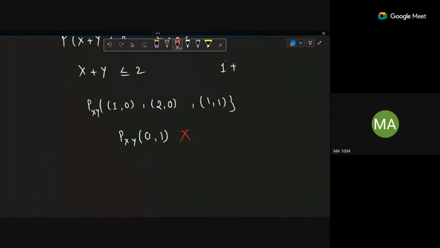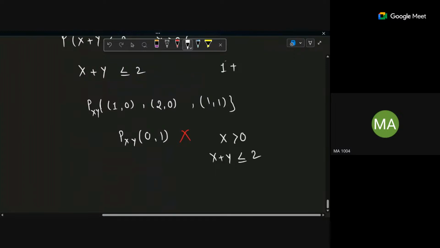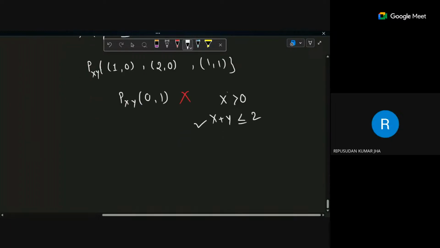Because the given condition is that x is greater than 0 and x plus y should sum up to 2. This condition is satisfied by 0 1, but x is not greater than 0 there. So we have to take the common part between both, which means the range of x should start from values greater than 0 only.